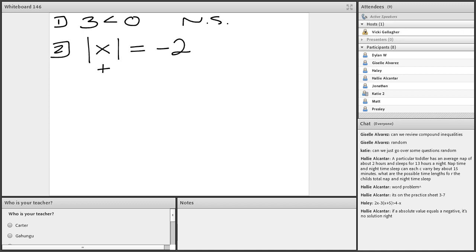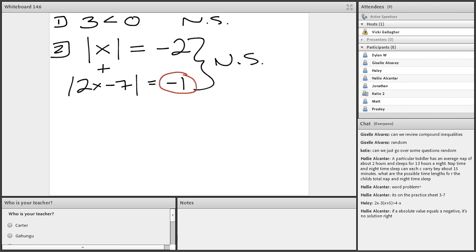Like if you have an absolute value of, it doesn't even matter, and on the other side the number is negative, that's an automatic no solution, and you don't do any work. If you want to show work, what I usually do is circle this negative number to explain why I decided that there was no solution.